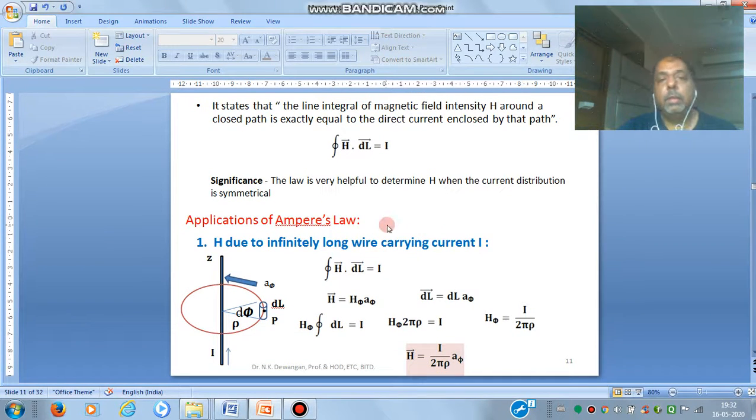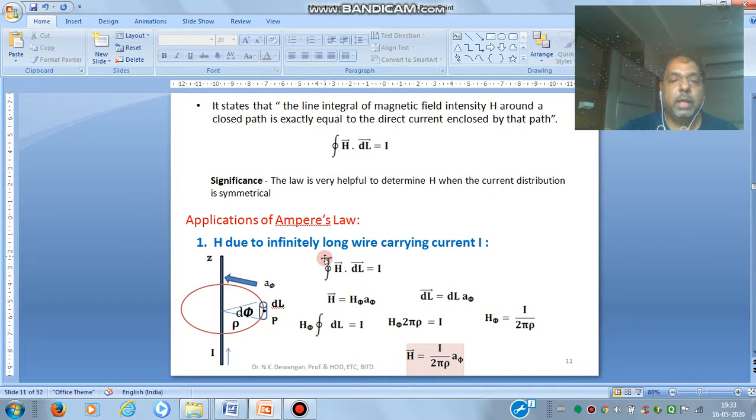So we see the application of Ampere's law. First case, we see H due to an infinitely long wire carrying current I. The same calculation of H we saw with the help of Biot-Savart law, but now we will apply Ampere's law to calculate the value of magnetic field intensity due to a long wire carrying current I. Suppose the current in the long wire is flowing towards the Z direction, then at point P at a distance of rho we want to calculate magnetic field intensity using Ampere's law.